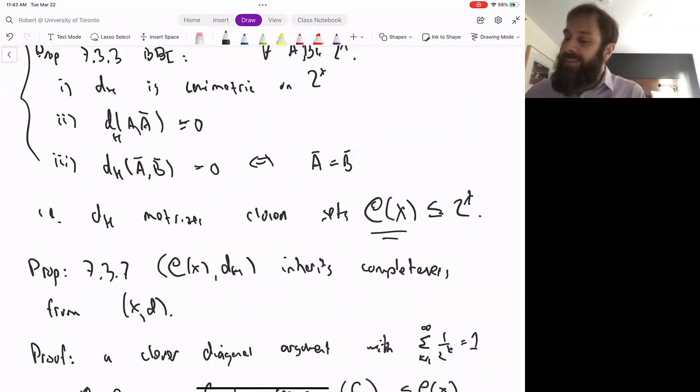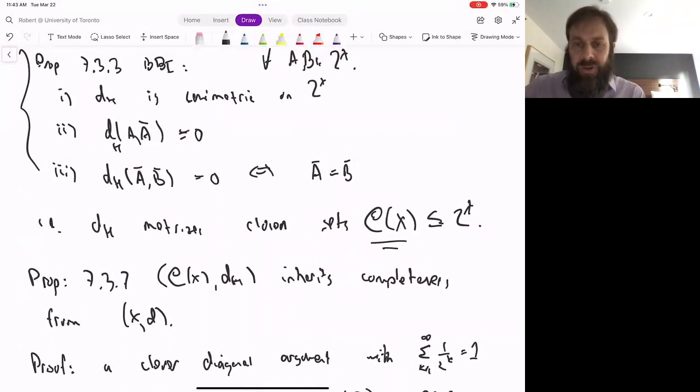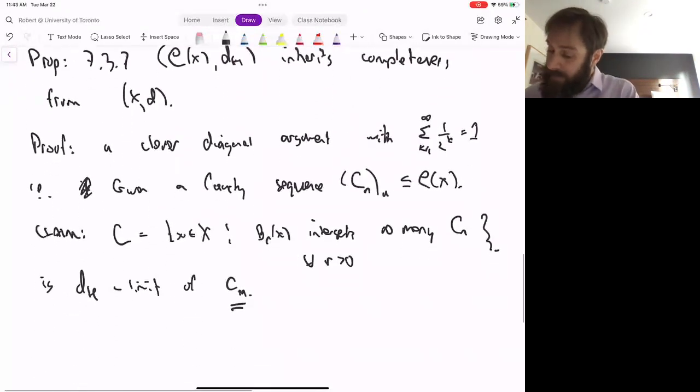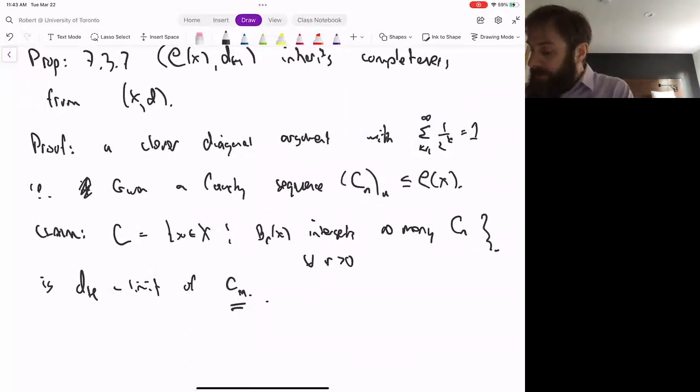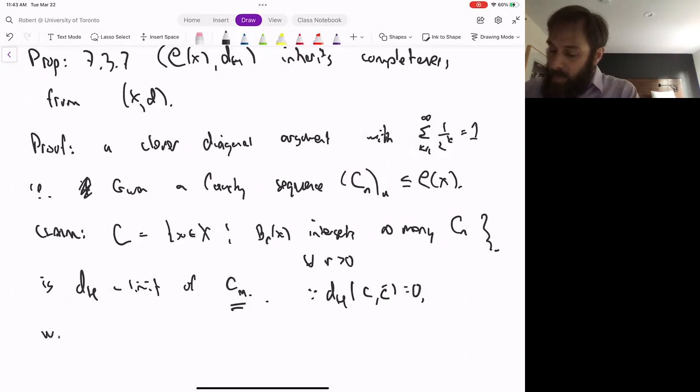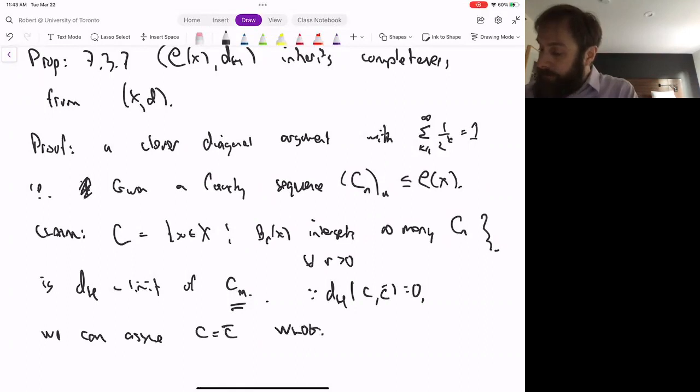Essentially what this proposition says is that when I quotient by identifying any two sets whose Hausdorff distance is 0 to each other, I'm left with the closed sets. So since d_H of C and C bar is 0, we can assume C equals C bar without loss of generality.